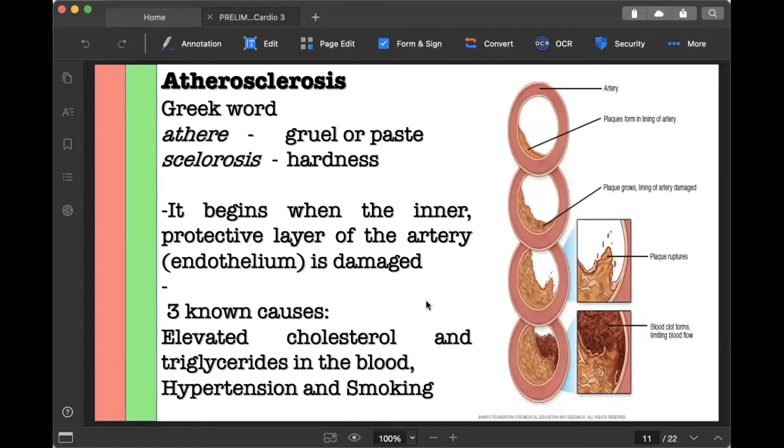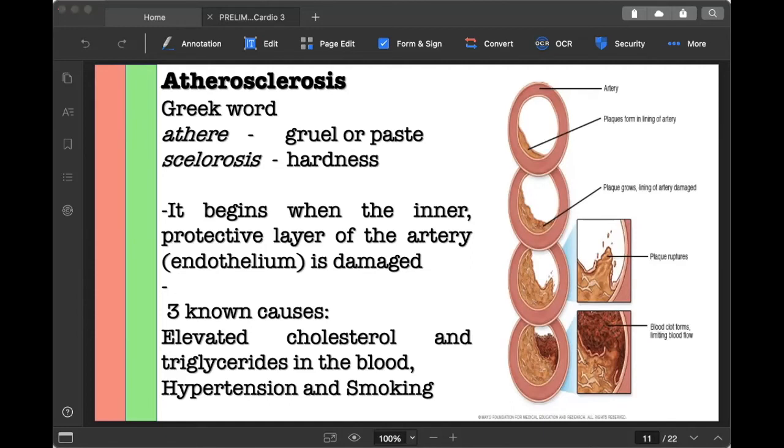We have three known causes of this: elevated cholesterol and triglycerides in the blood, hypertension, and of course smoking, until some deposits or plaques are laid down in the inner layers of our arteries.